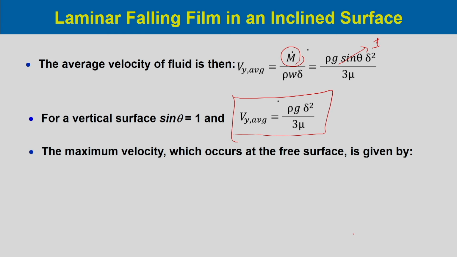The maximum velocity, which occurs at the free surface, can be obtained as Vy equal to rho g sin theta delta squared by 2 mu.